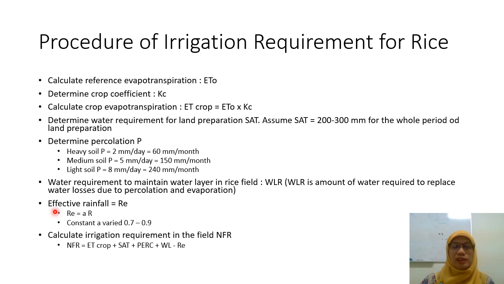And then next, we calculate the effective rainfall. The effective rainfall is a certain percentage of rainfall. So this effective rainfall is a constant multiplied by rainfall. The constant varies between 0.7 to 0.9.